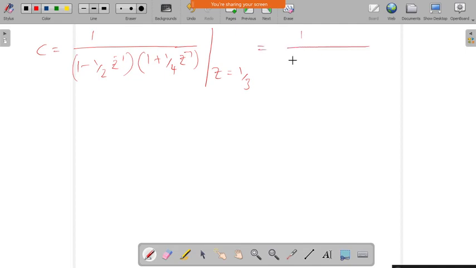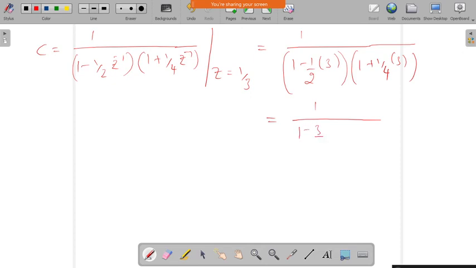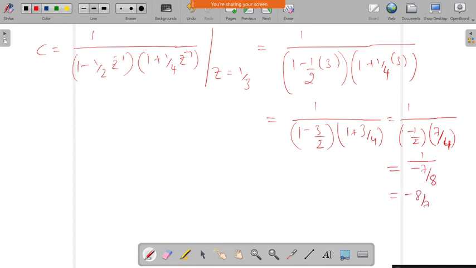This will give 1 over 1 minus 1 by 2 into 3 into 1 plus 1 by 4 into 3, which is 1 minus 3 by 2 into 1 plus 3 by 4, which is minus 1 by 2 into 7 by 4, so minus 1 over minus 7 by 8, or minus 8 by 7. Are you getting c value minus 8 by 7?